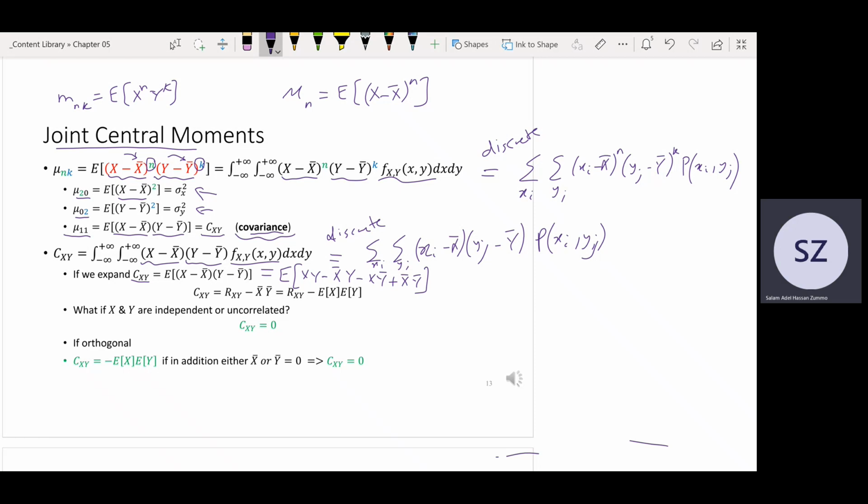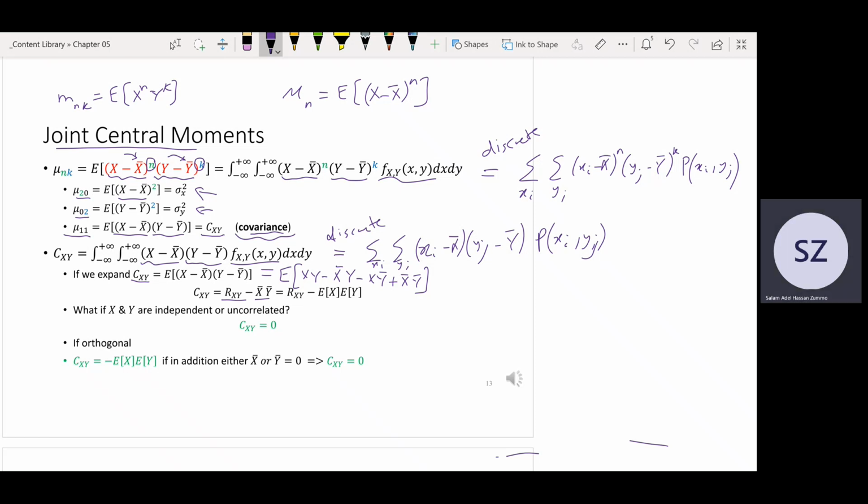Now let's simplify. What is the expected value of xy? This is the correlation by definition. What is the expected value of x bar y? Is x bar a constant or a random value? Constant. So the expected value of x bar y is x bar y bar. What is the expected value of x y bar?